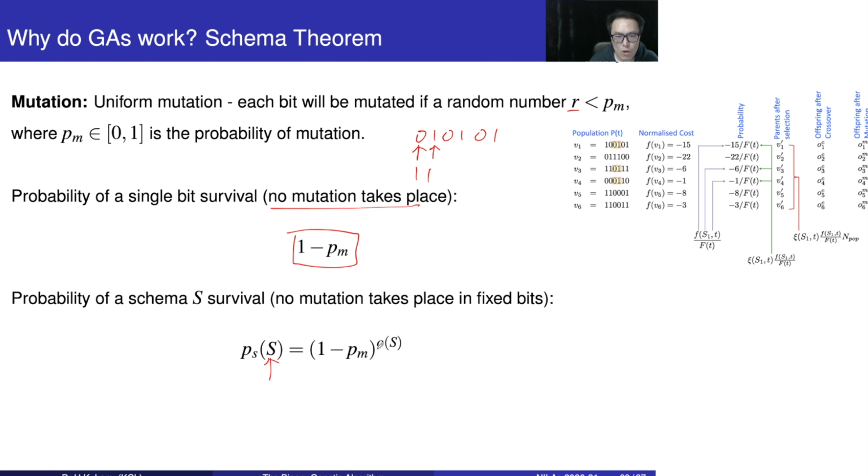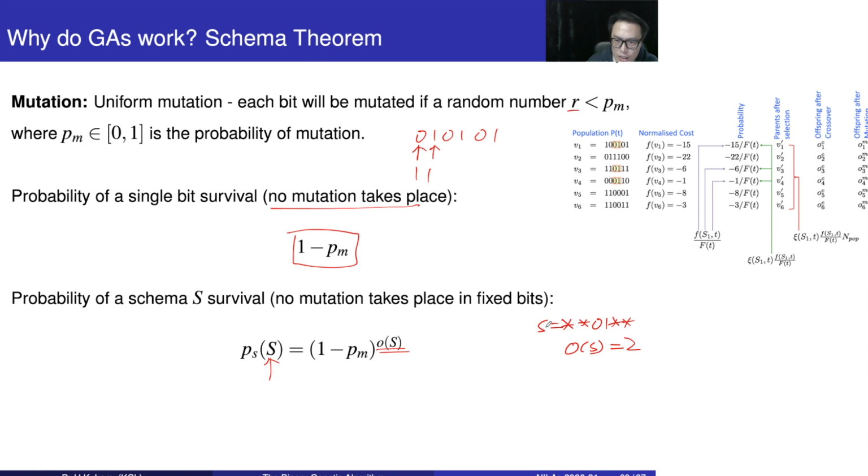Then the order of S is the number of fixed positions. For example, if we have star, star, 0, 1, star, star, the order of this S is 2, just to recall what we did before.